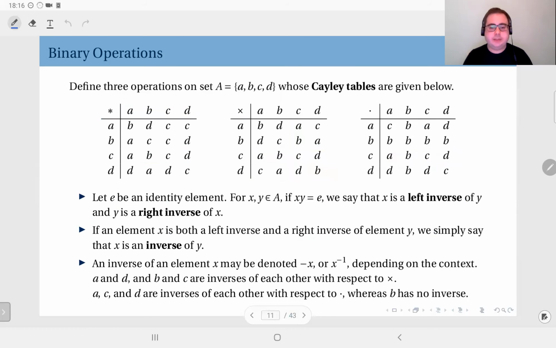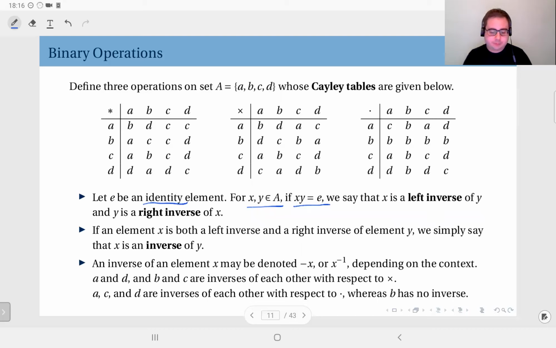Let E be an identity element, and when I say identity, you should understand this as both a left and a right identity. For all x, y in the set A, if x times y equals E, we say that x is a left inverse of y and y is a right inverse of x. Again, the order matters here.